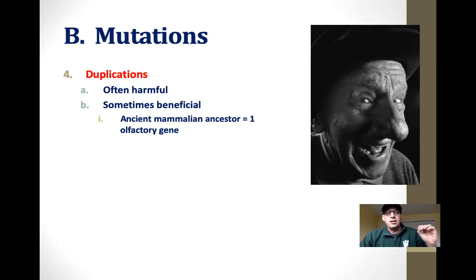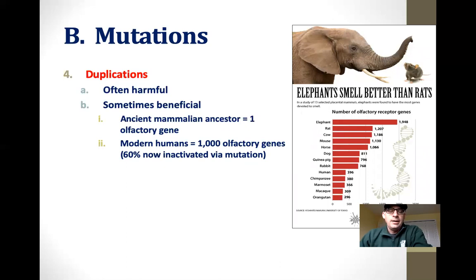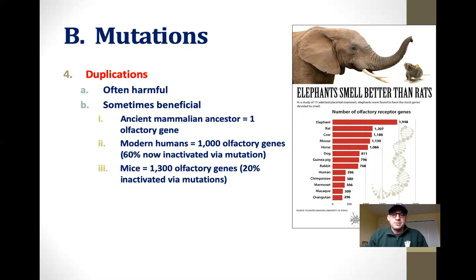But our ancient mammalian ancestor had only one olfactory gene. However, over the course of time, that olfactory gene got duplicated over and over and over again. And actually, modern humans have over 1,000 different olfactory genes, although 60% of them are now inactivated as a result of mutations that have occurred over time.